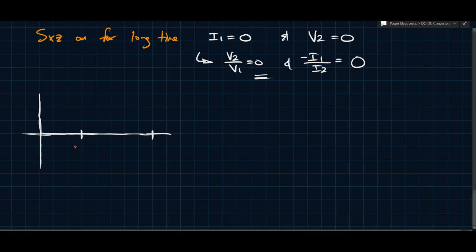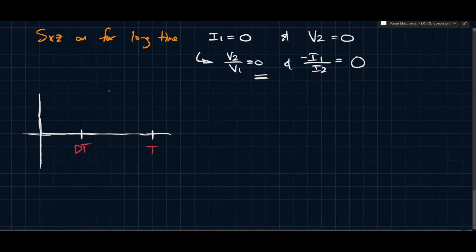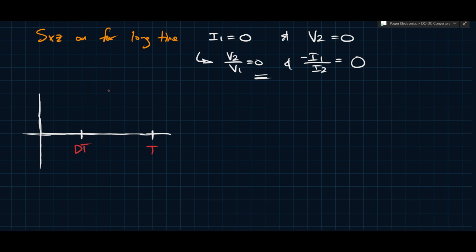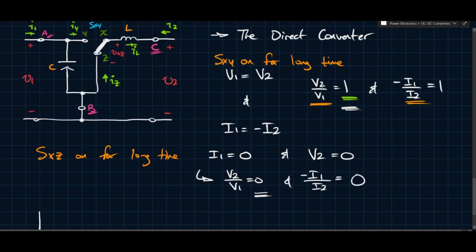So we'll say that this is dT, and we'll say that this is T. Before we go into that, we should say that we generally express this conversion ratio in terms of the series switch for the direct converter. So the series switch is XY. The fraction of the period that SXY is on for is what we're going to call the duty ratio.